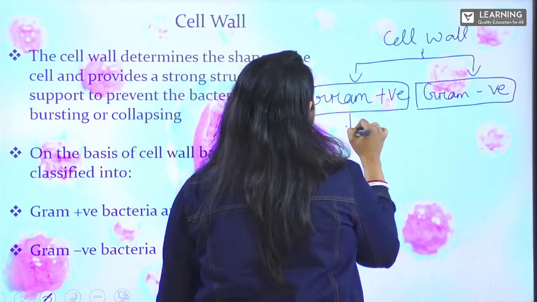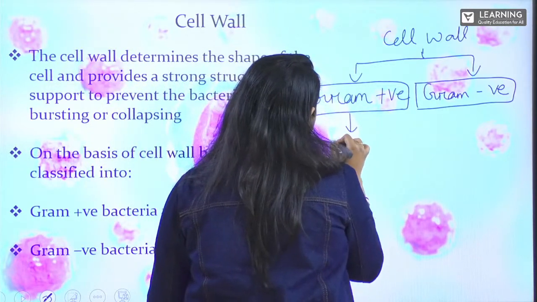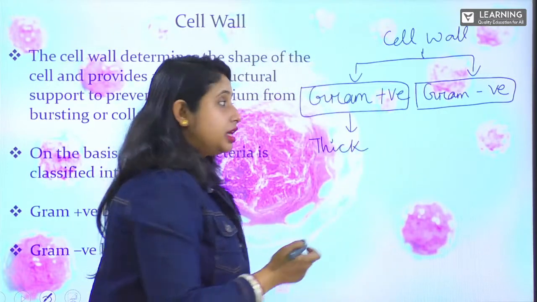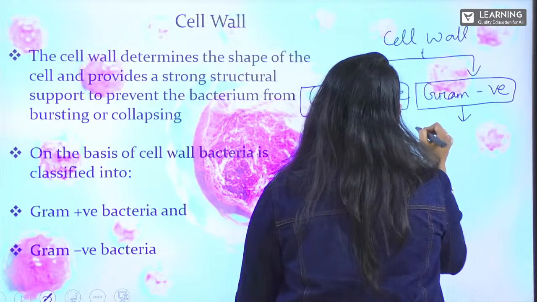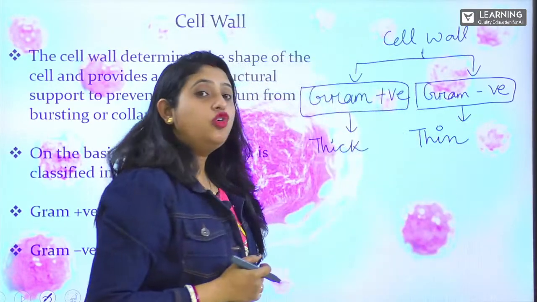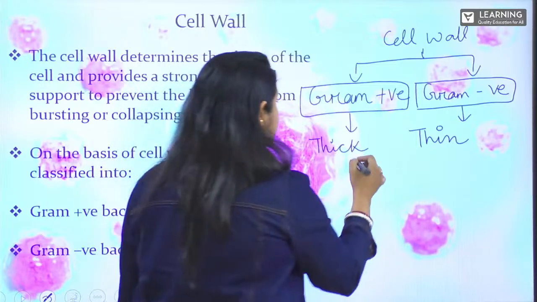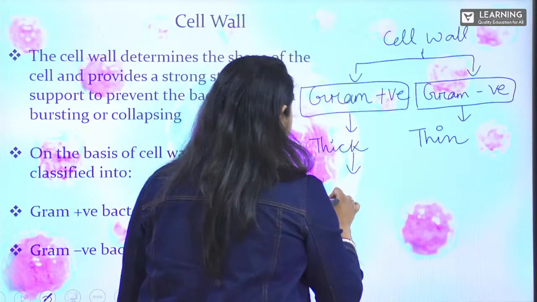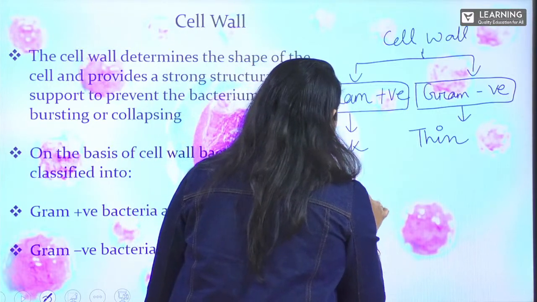Gram-positive bacteria have a thick cell wall, and gram-negative bacteria have a thin cell wall. When the staining was done, gram-positive bacteria are identified as purple in color.